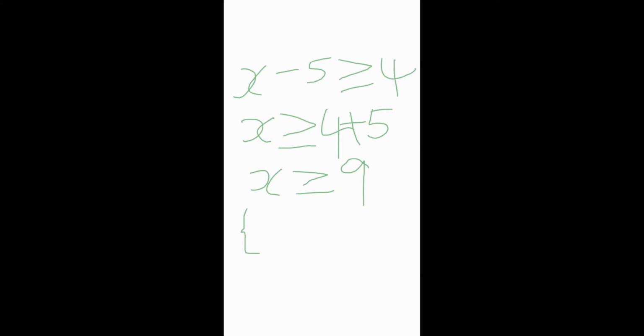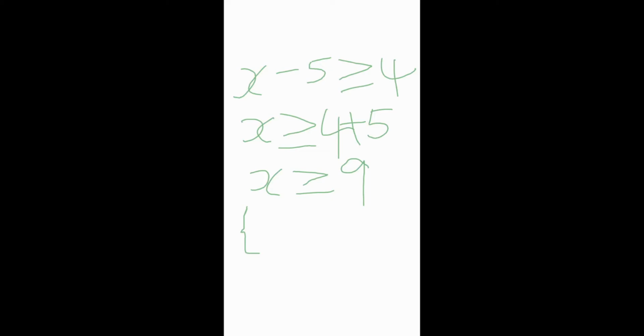What would have been the members of the set? This is saying x is greater than or equal to 9. So what would have been the members of this set?